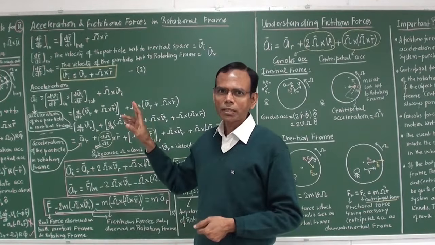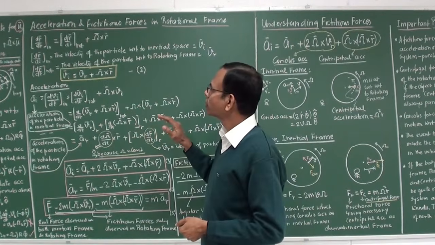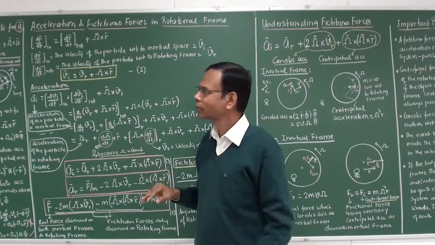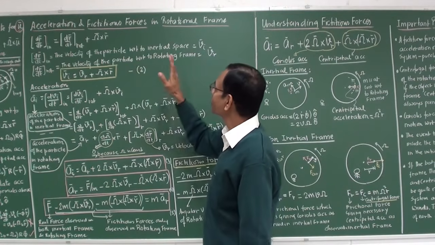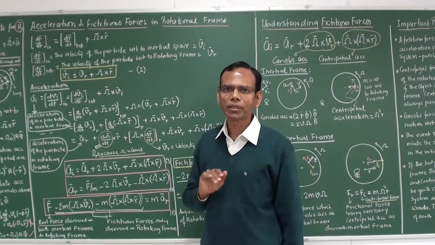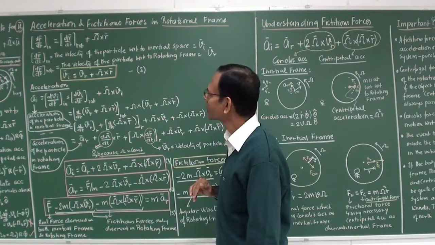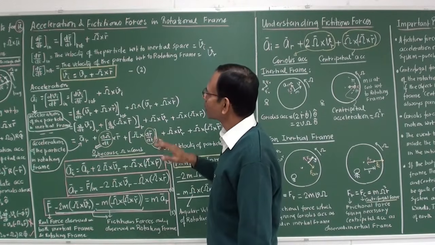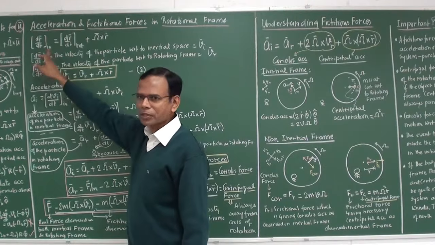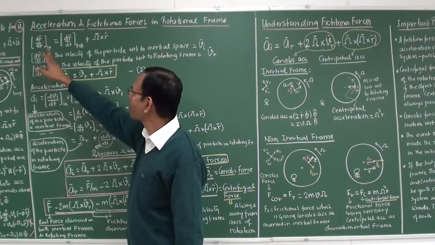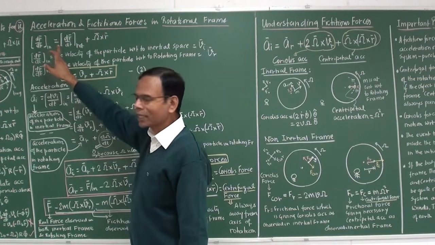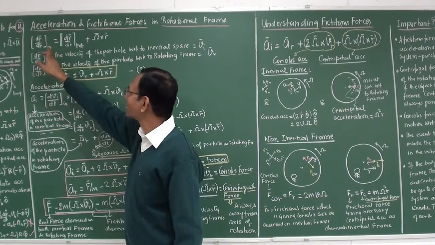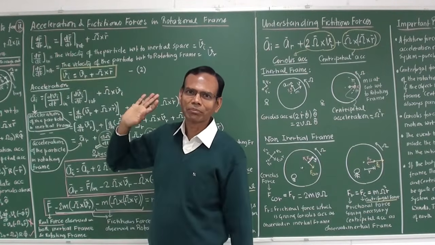Now we come to the second part, and that is the most important part: the acceleration and fictitious forces in rotational frames. This formula we have already read, relating any vector between the inertial frame and rotational frame.